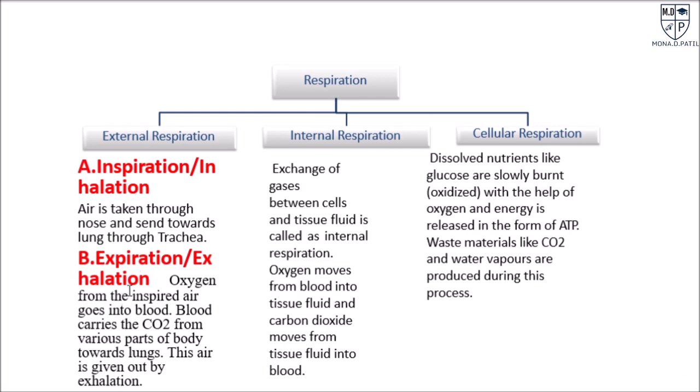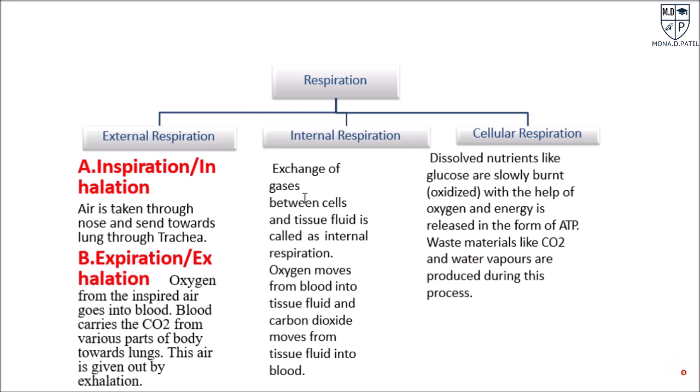The next part is expiration or exhalation. In this, oxygen from the inspired air goes into the blood. Blood carries carbon dioxide from various parts of the body toward the lungs, and this air is given out by exhalation. This is called external respiration.